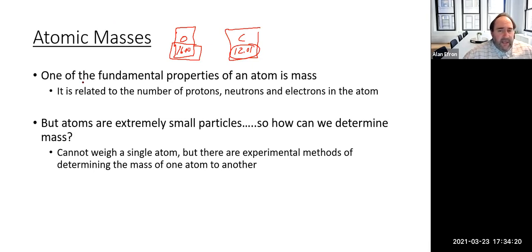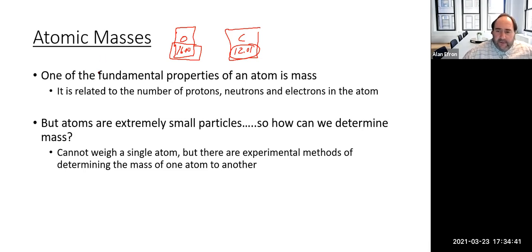It is obviously related to the number of protons, electrons, and neutrons there are in an atom. But it does create a problem for us because we can't really pick up an atom and put it on a balance or a scale. Obviously, very, very small in that sense.